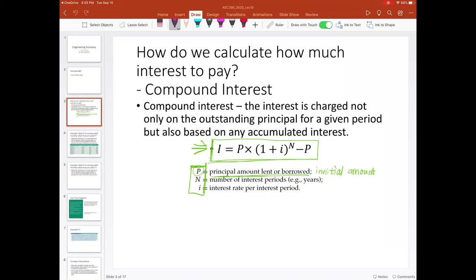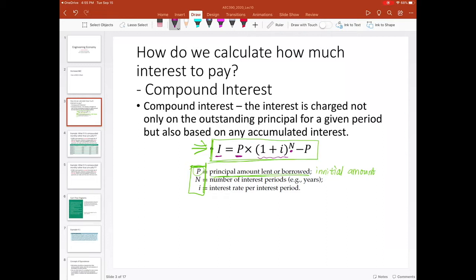If you are using the compound interest method, your interest I is the principal, the initial amount you borrowed or lend, times (1 plus i), where i is the interest rate per period, to the power of n, the number of interest periods.